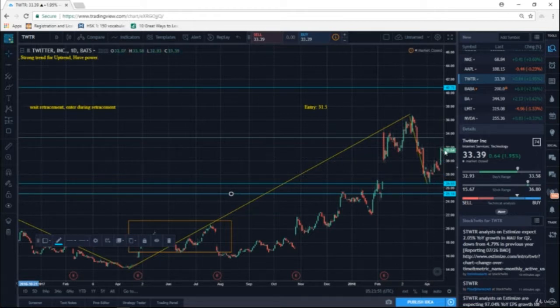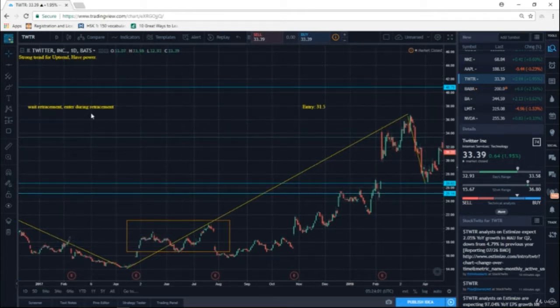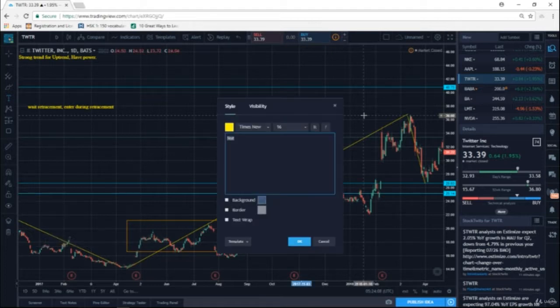So you are thinking about entering at this price, 31.5, and your stop loss we assume at 25.15.